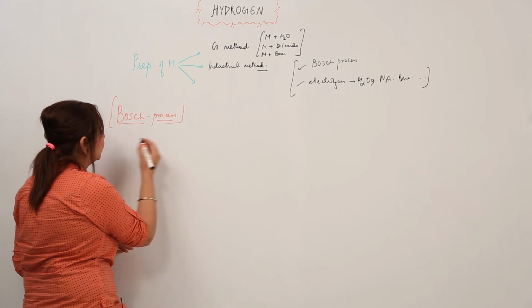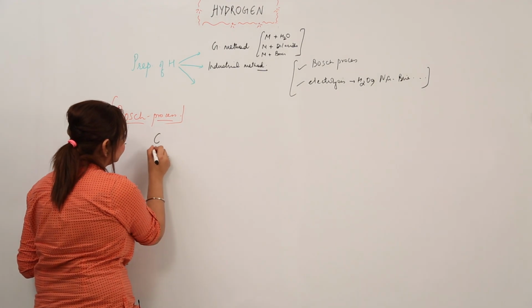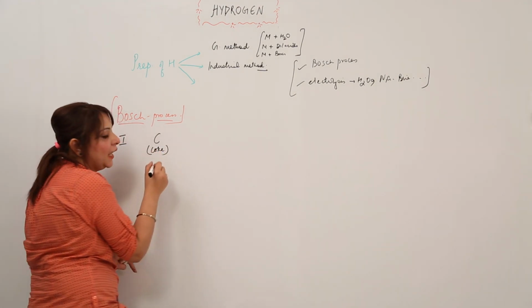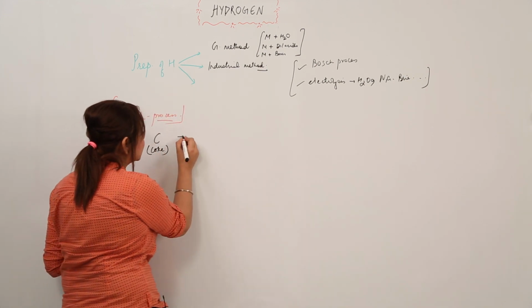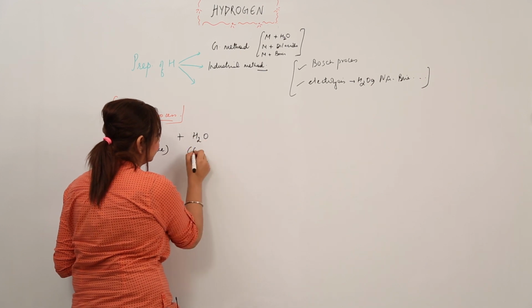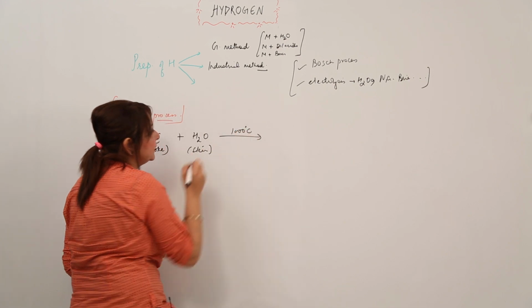The first thing we do is take coke. You know that coke is a powder form of coal. We pass steam through it, and the temperature is approximately 1000 degrees Celsius.